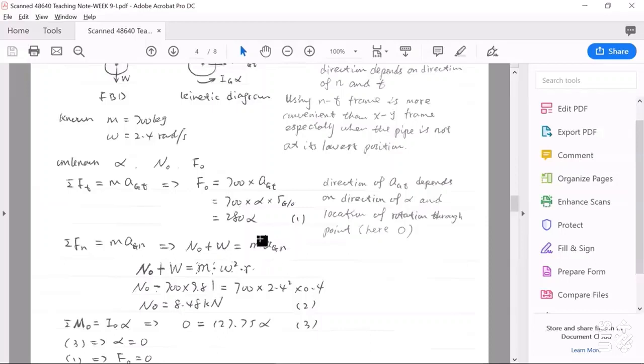But how about AGN? AGN can be worked out using omega squared times R. R is the distance from G to the rotation center at this moment, O. Omega we have already worked out. So finally, NO is 8.48 kilonewton.